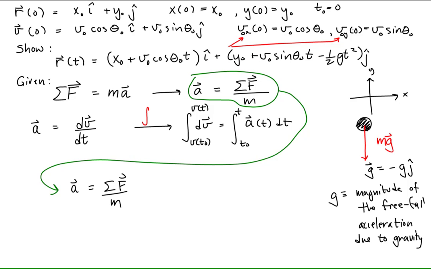Now that we know that the acceleration is given as minus the product of the object's mass and the free fall acceleration due to gravity divided by the object's mass, this means that the object's acceleration under the influence of gravity alone is just equal to minus g vector.